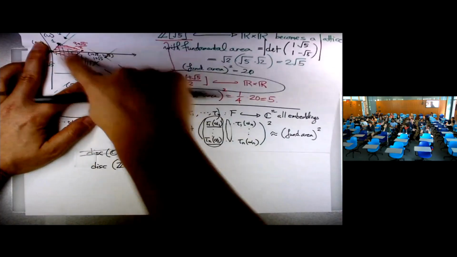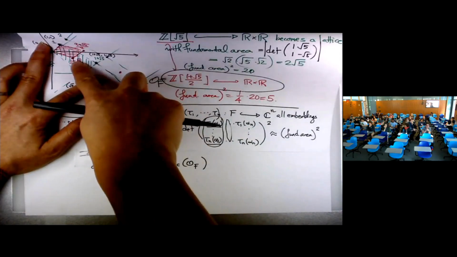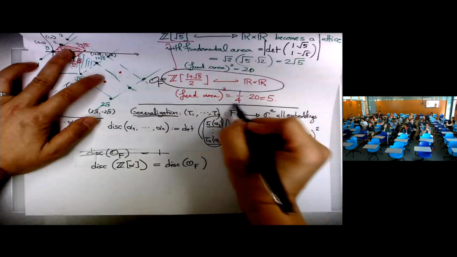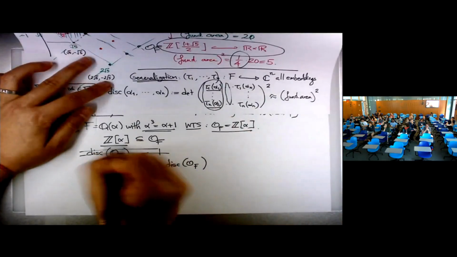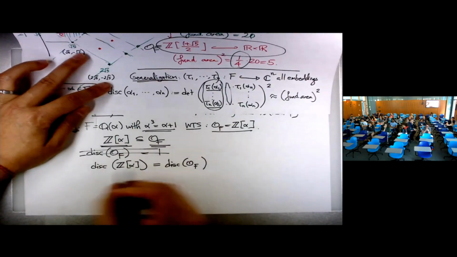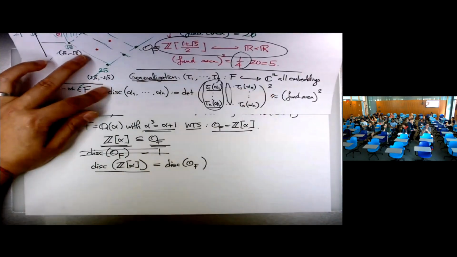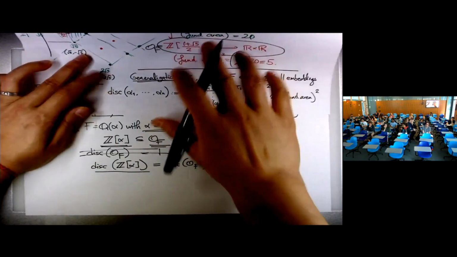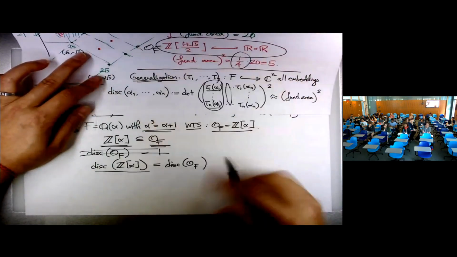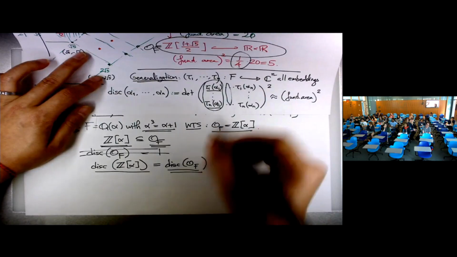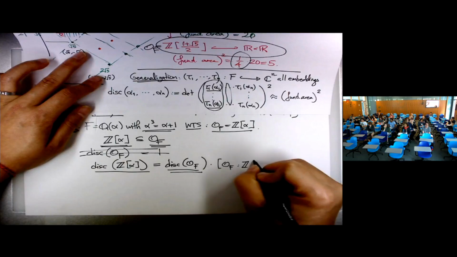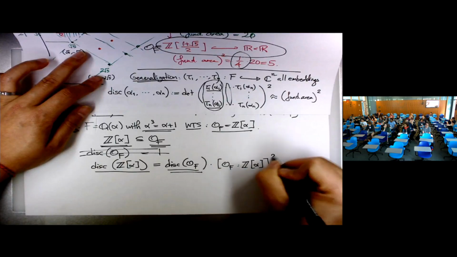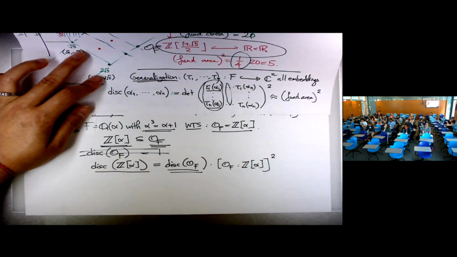If the index difference here, in this case, is 2, then the fundamental area square will be off by a factor of 4. So in your case, Z alpha is a sublattice of OF. So the square of the green fundamental area should be the square of the red fundamental area times the index, but squared, because our fundamental area is squared. Okay?